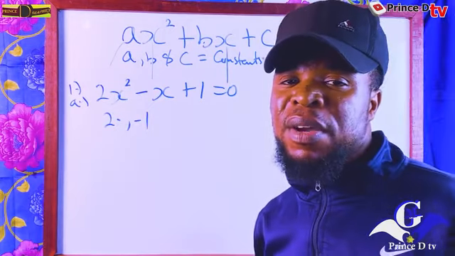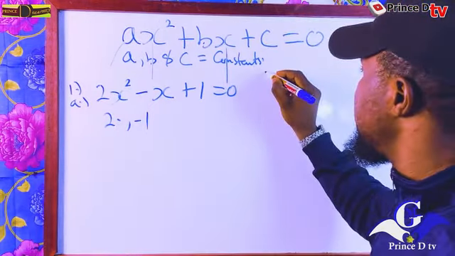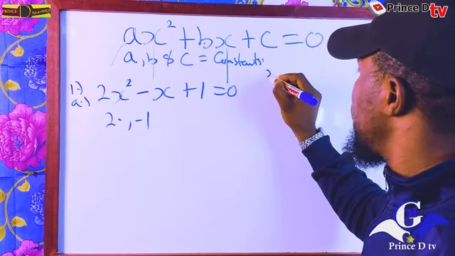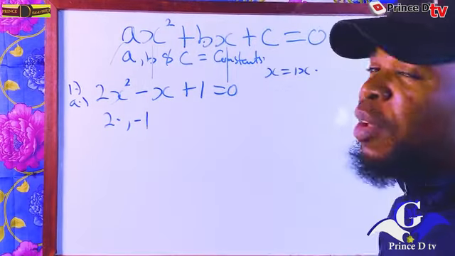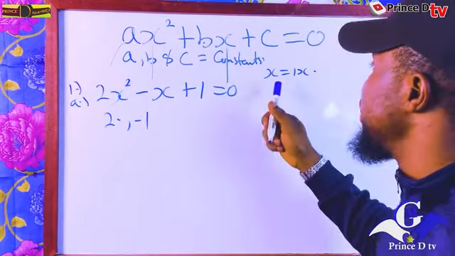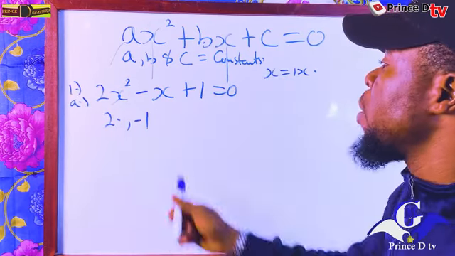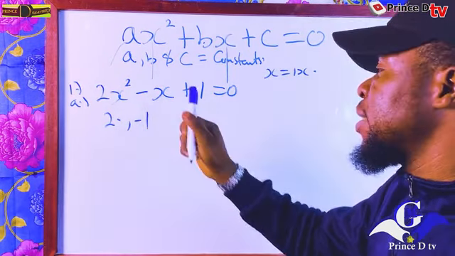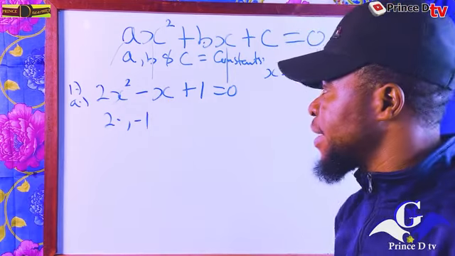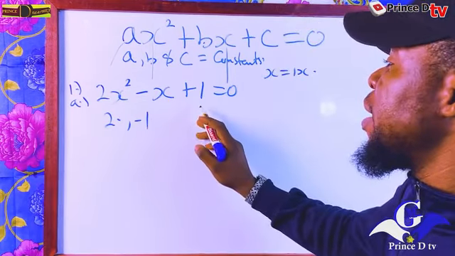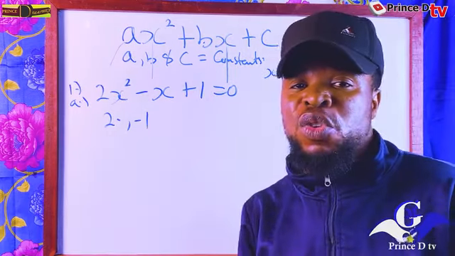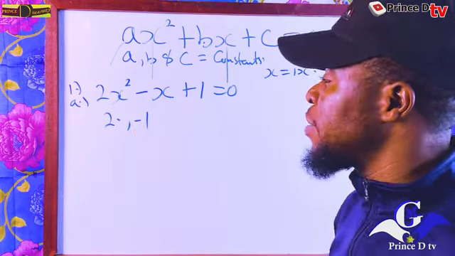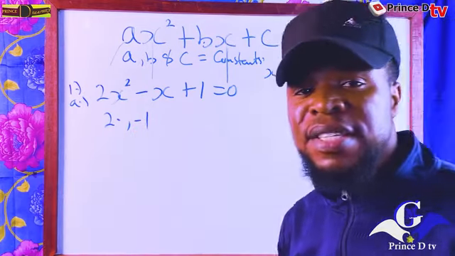Remember, in mathematics, x is the same as 1x, but because it is 1x, we simply leave it as x. So remember, it is -1 that is in front of the x. And of course, we have the constant, which is just standing alone on its own, which is just 1. So that is how we identify the coefficients.